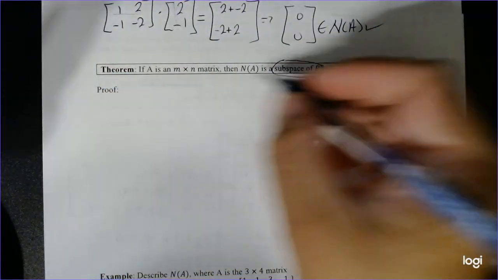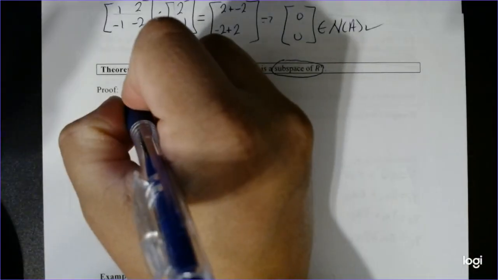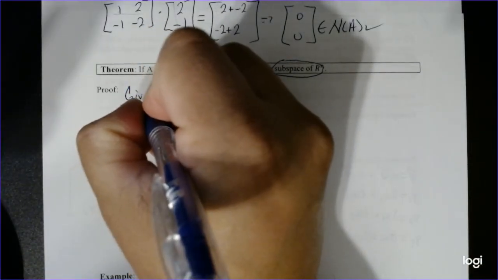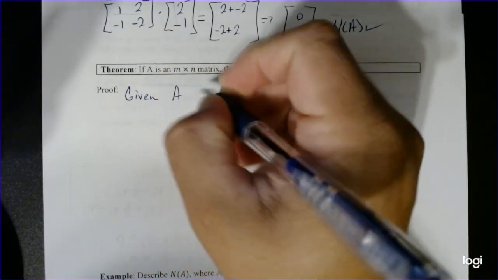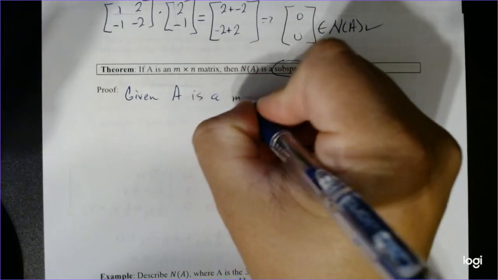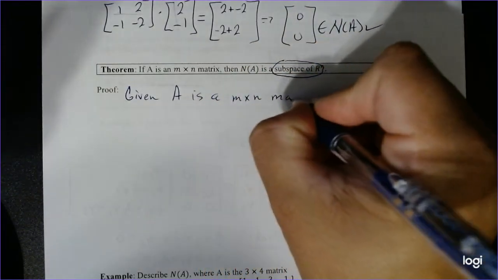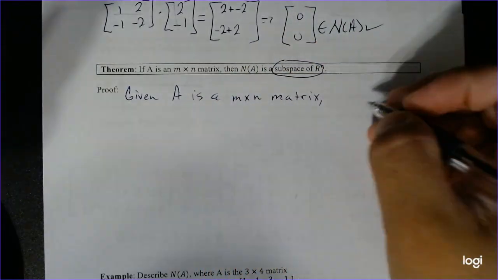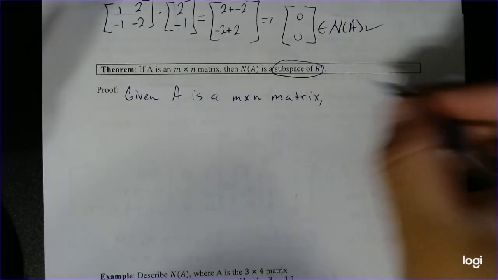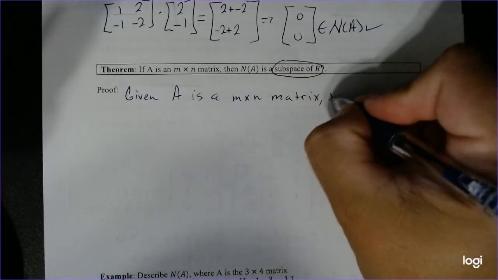So first off, let's just write the definition of the null space. So given A is an m by n matrix, I'm just going to rewrite the definition of the null space.